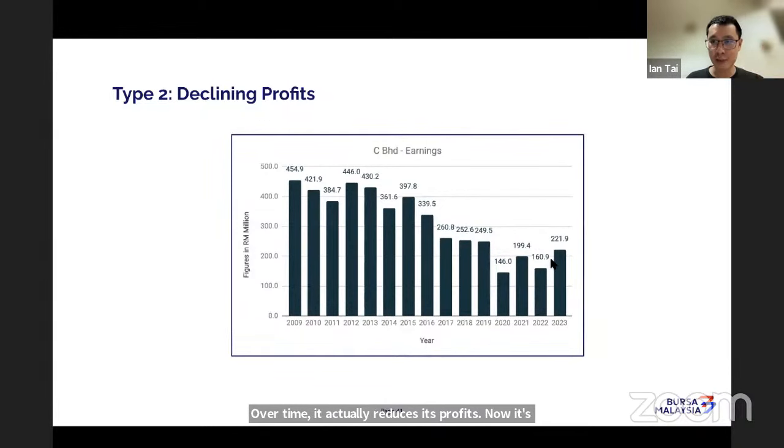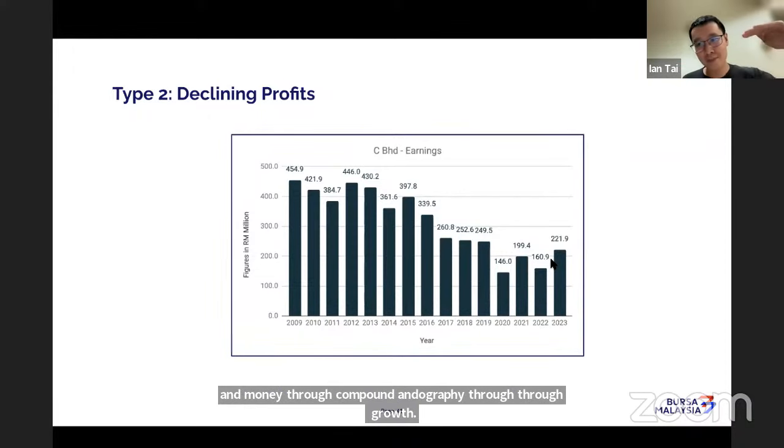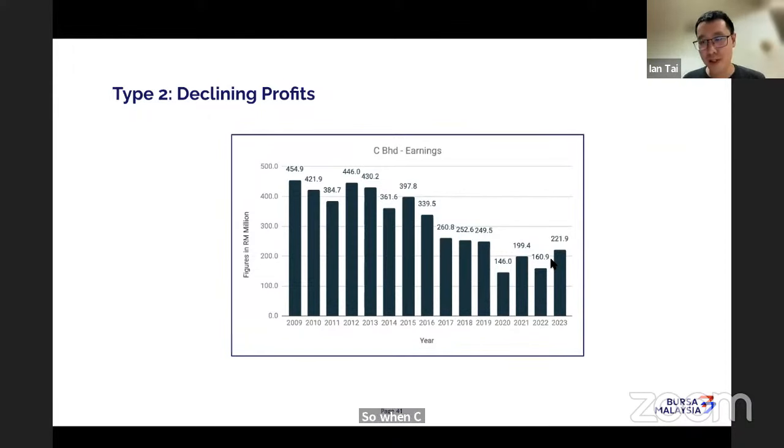Now, this is actually a problem simply because right now we are facing, due to rising cost of living, due to inflation. Why do we invest? We invest simply because we want to protect our money, the purchasing power of our hard-earned money, through compound annual growth rate, through CAGR, through growth. So when C reports a decline in earnings over the long term, it is not exactly a very good hedge against inflation.